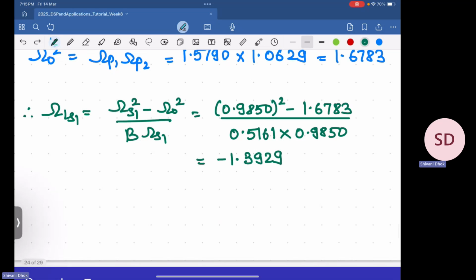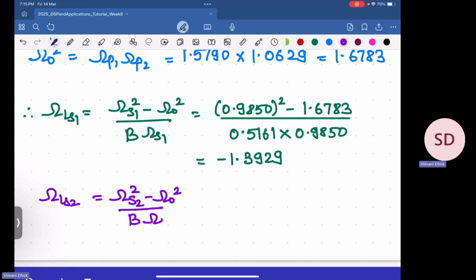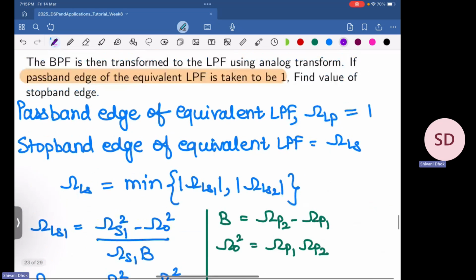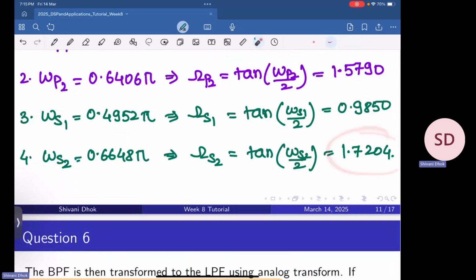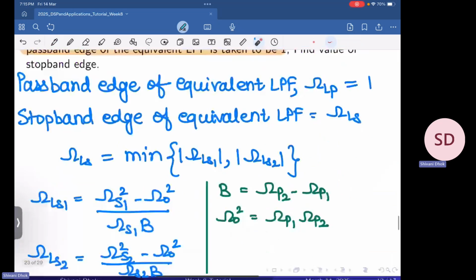In the similar fashion, omega ls2 can be obtained as omega s2 square minus omega naught square upon b times omega s2. Omega s2 is 1.7204.